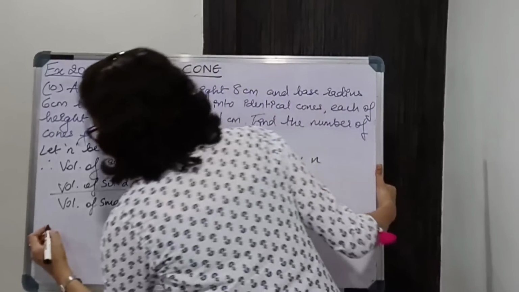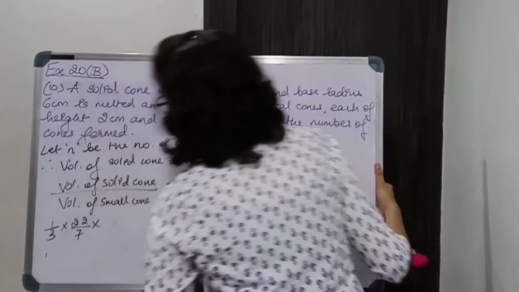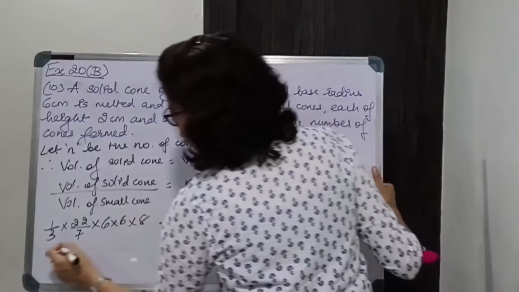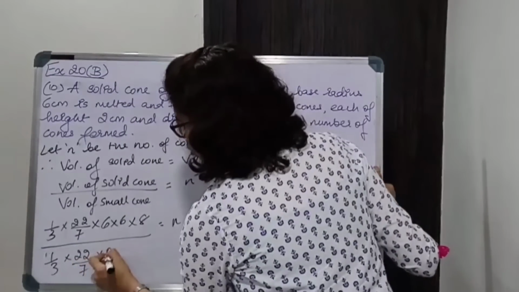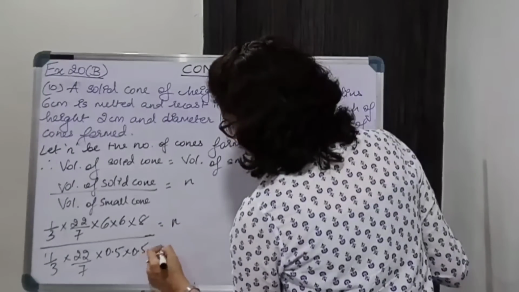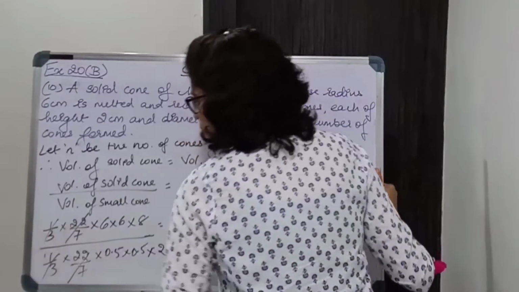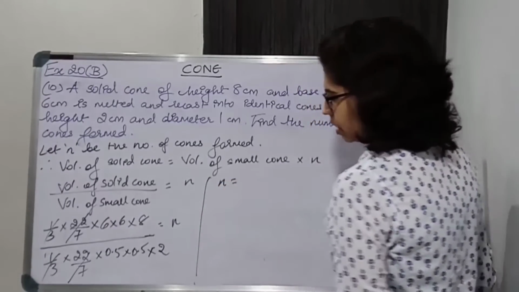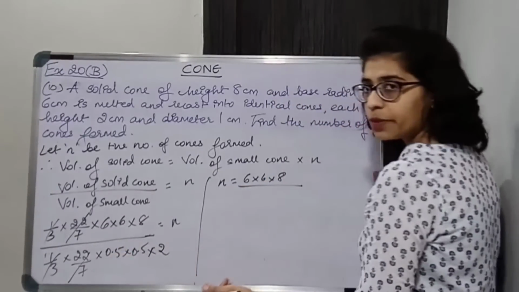The volume of the solid cone is 1 upon 3 into 22 upon 7 into r square is 6 into 6 into height is 8, upon 1 by 3 into 22 upon 7, r we got 0.5, and h was 2 centimeter. Now 22 upon 7, 22 upon 7, 1 by 3, 1 by 3 will get cancelled. So we have n equal to 6 into 6 into 8 upon 0.5 into 2.